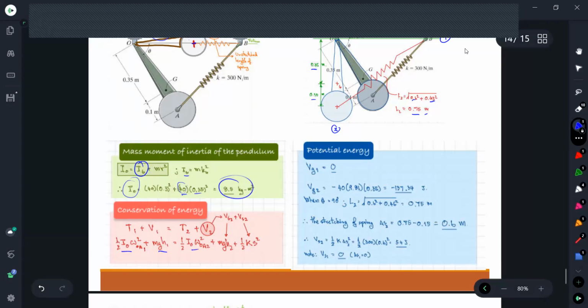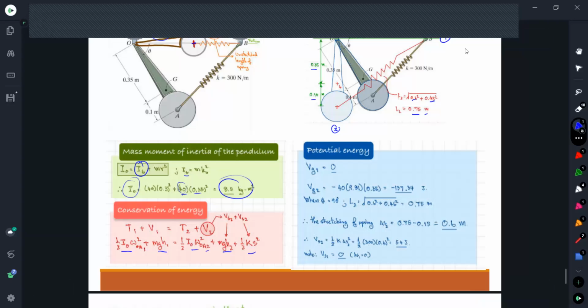This is the kinetic energy. At the final position, it is a half IO omega OA final squared plus the potential energy due to gravity and due to the spring, because the spring has a set length already. But at the first position, the spring is unstretched, so it has no potential energy due to the spring.